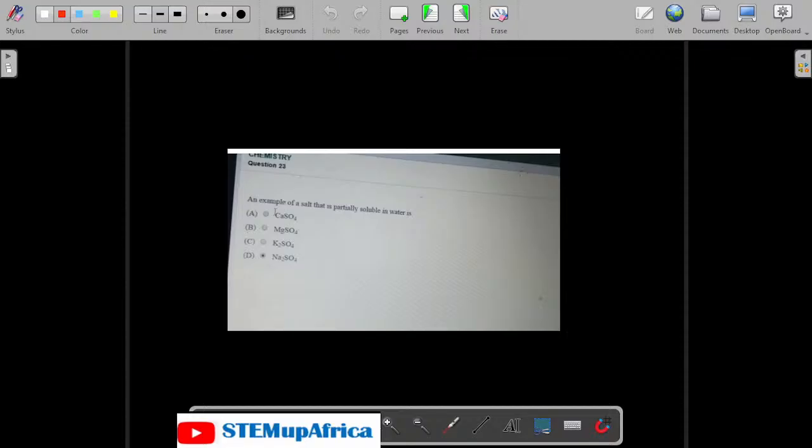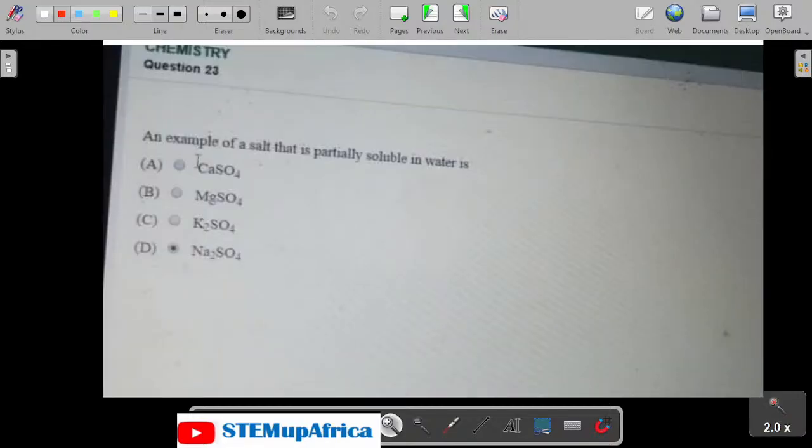Next, an example of a salt that's partially soluble in water will be what? We have calcium sulfate, magnesium sulfate, potassium sulfate, and finally sodium sulfate.